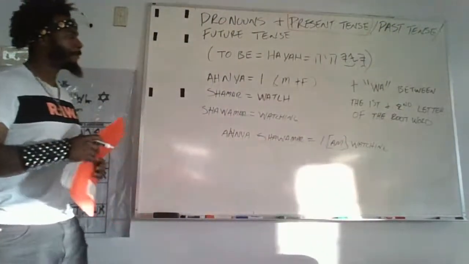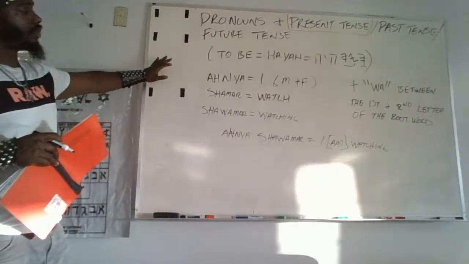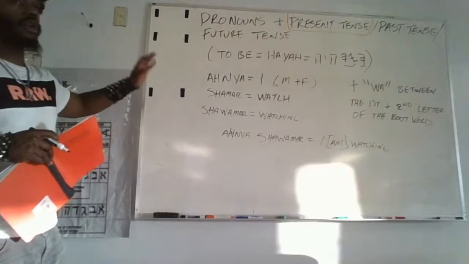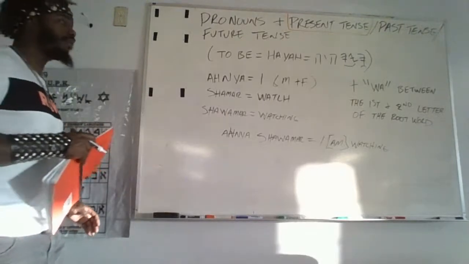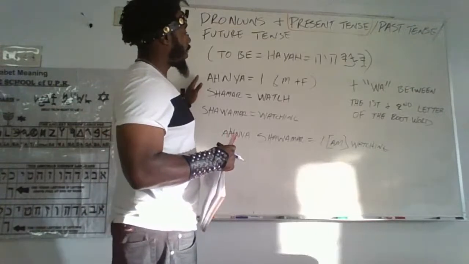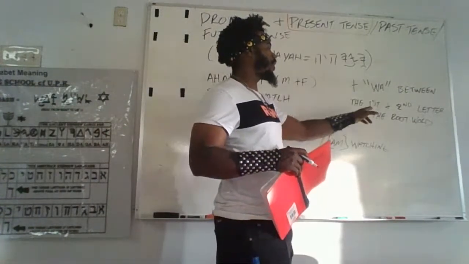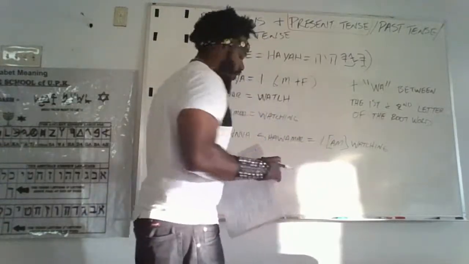All right. So we're going to do it piece by piece. So we're starting off with Anya, I, right? Okay. So when you're dealing with I, the rule is you add a wa between the first and second letter.